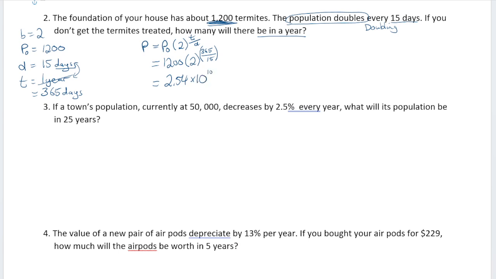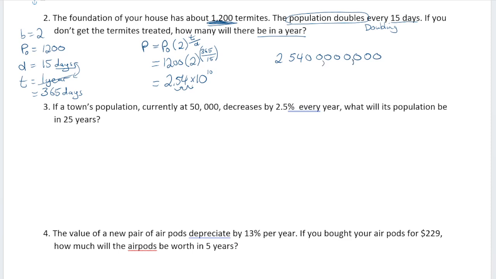Scientific notation again. This just means multiply by 10 10 times. And multiplying by 10 means moving the decimal 1 spot to the right. If I multiply by 10, I would just move it there, and I'd have 25.4. So I'm going to do that 10 times. 1, 2, and then I'm going to have 8 more spots. So I'm going to have 8 zeros. So it's going to be 2, 5, 4, and then 8 zeros. 1, 2, 3, 4, 5, 6, 7, 8.